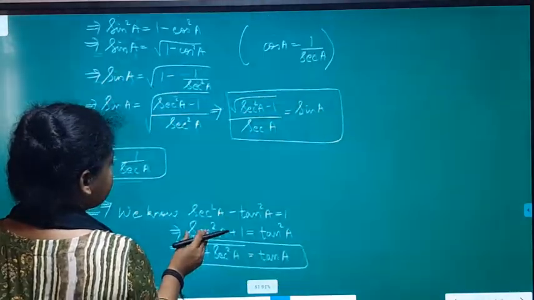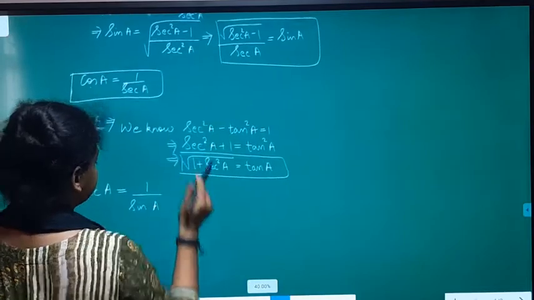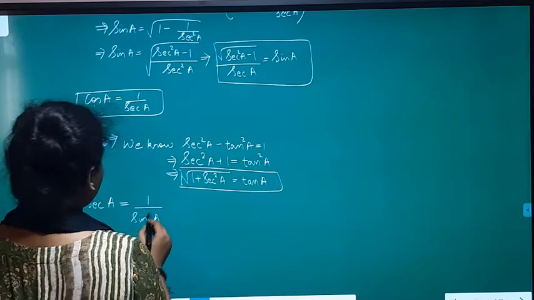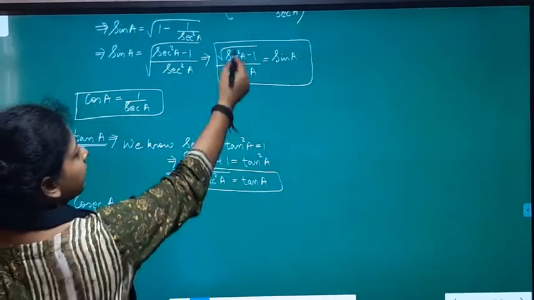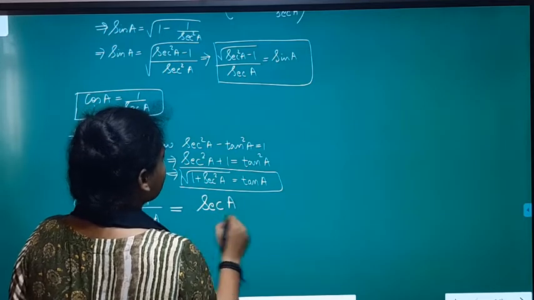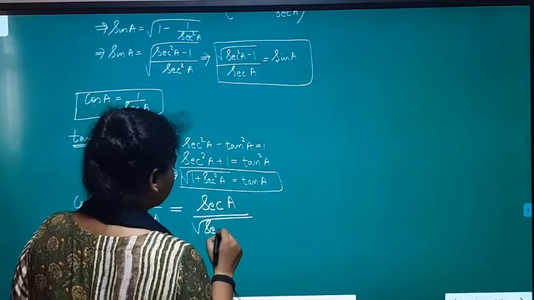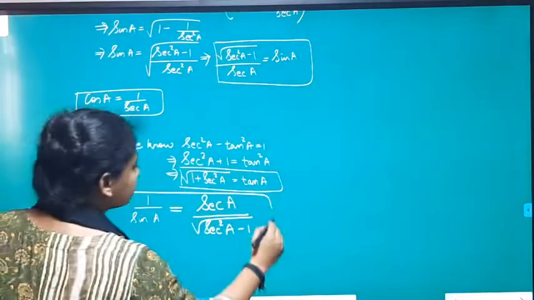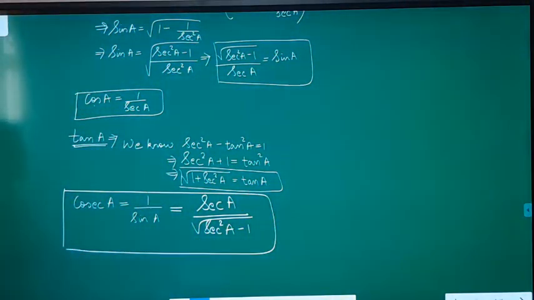So this implies, if I am taking this reciprocal, it will be sec A upon under root sec square A minus 1. This is how we express cosec in terms of sec.